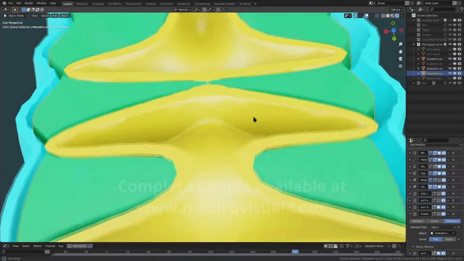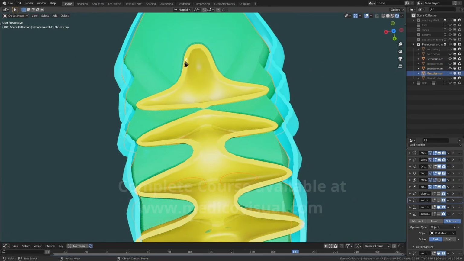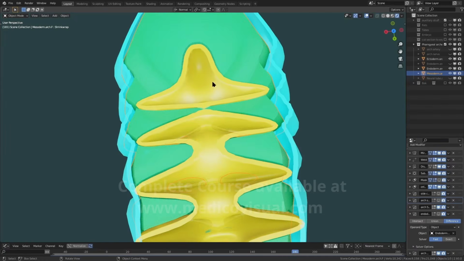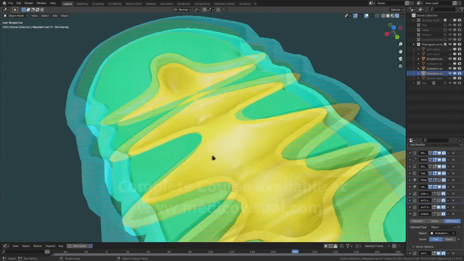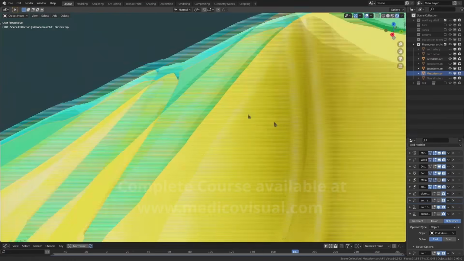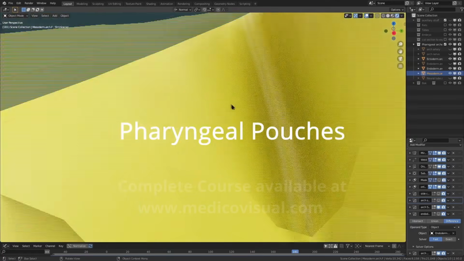Here you can see that it was basically a smooth endoderm initially. Its lateral wall, the endodermal lateral wall, was quite smooth, but now they form these evaginations or outpocketings, and these are called pharyngeal pouches.